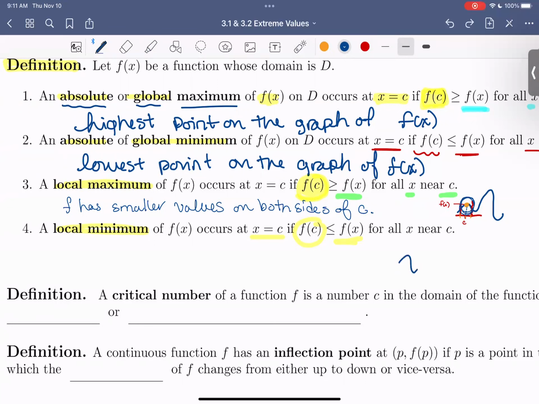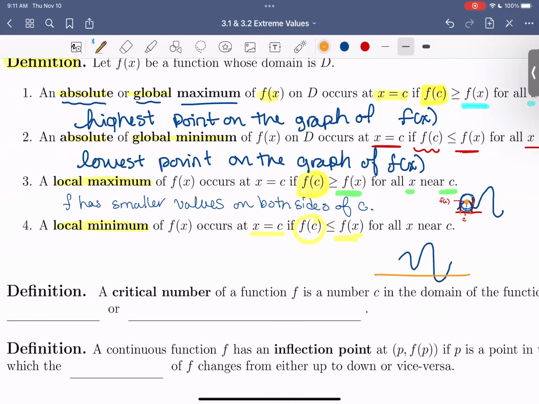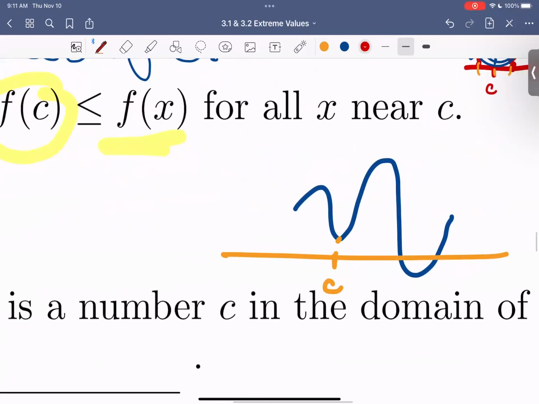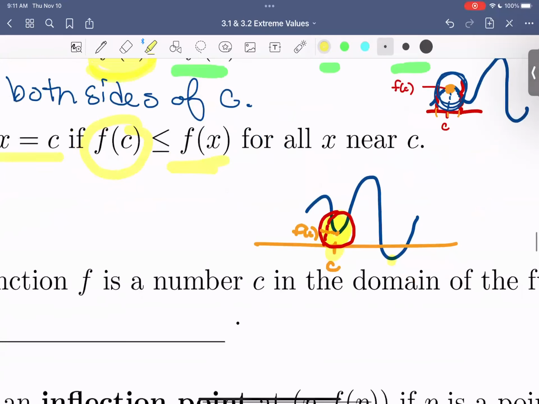So if we look at, say, a point C here, if we zoom in, we see that our function is smallest at f of C if we look near C. So just focusing around near C, it's okay that we even go lower over here. That doesn't prevent this point from being a local minimum.